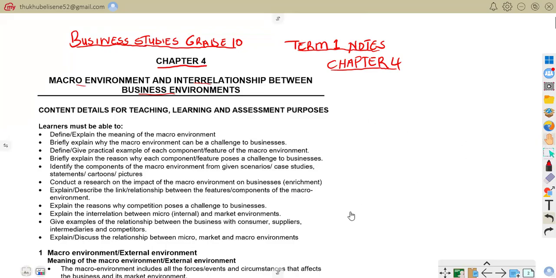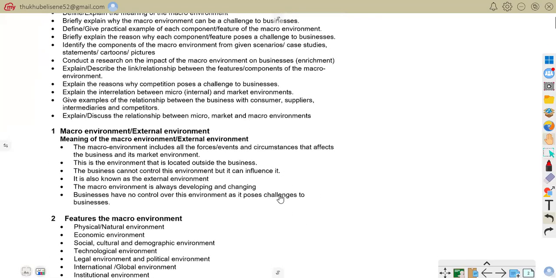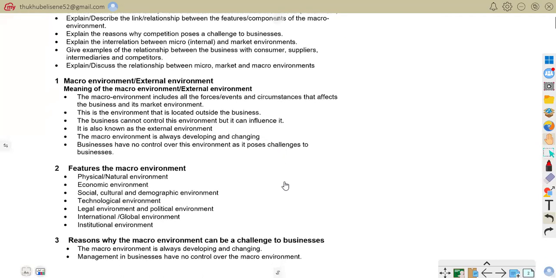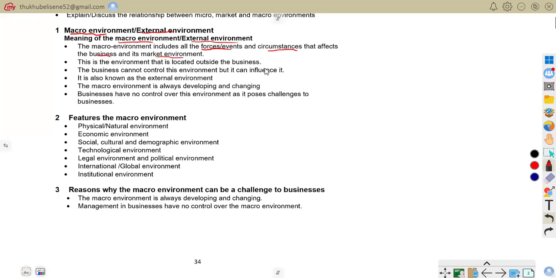Let's quickly go to the meaning of the macro environment, or external environment. As it says, the macro environment includes all forces, events and circumstances that affect the business and its market environment.